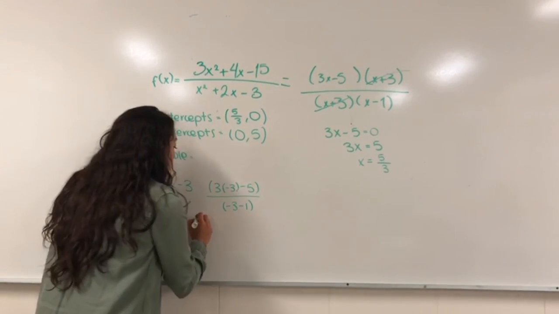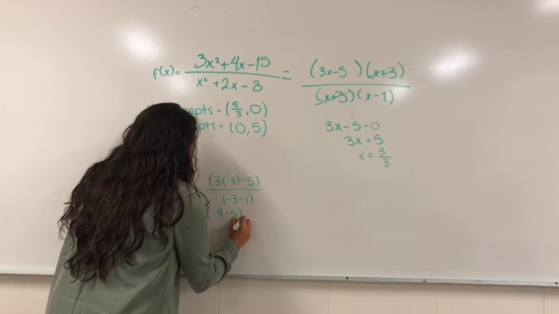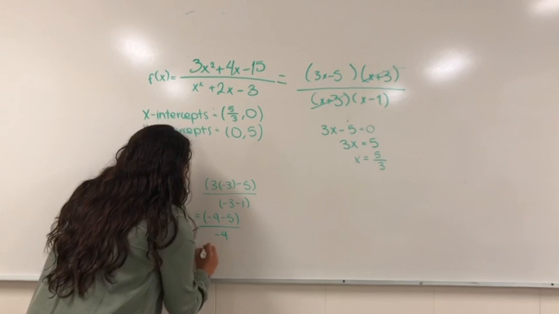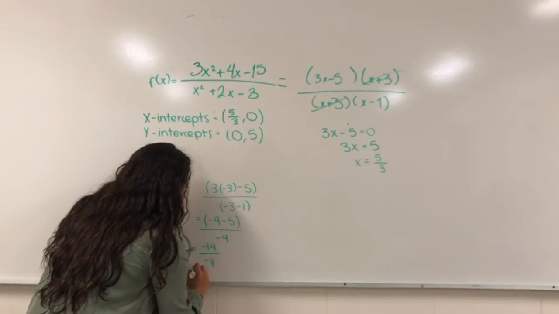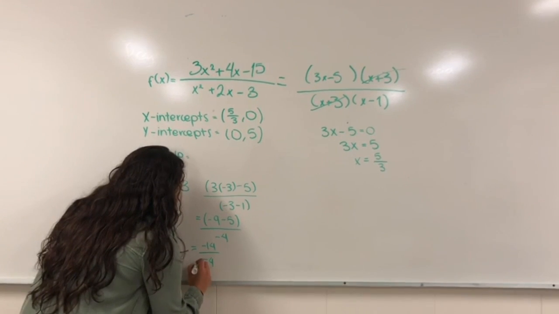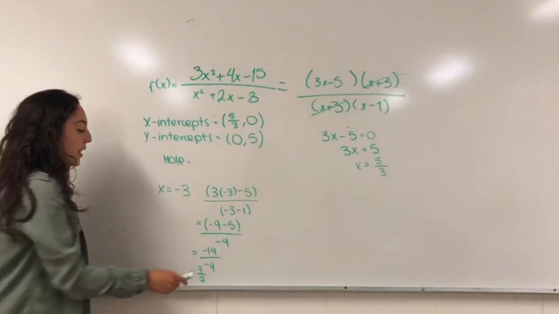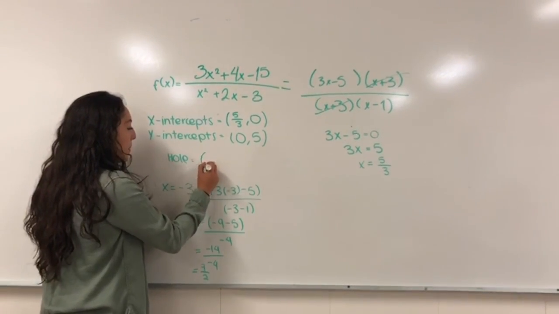So we have −9 − 5 over −4. That is −14 over −4, equal to 7 over 2. So we have here the y point on the graph.